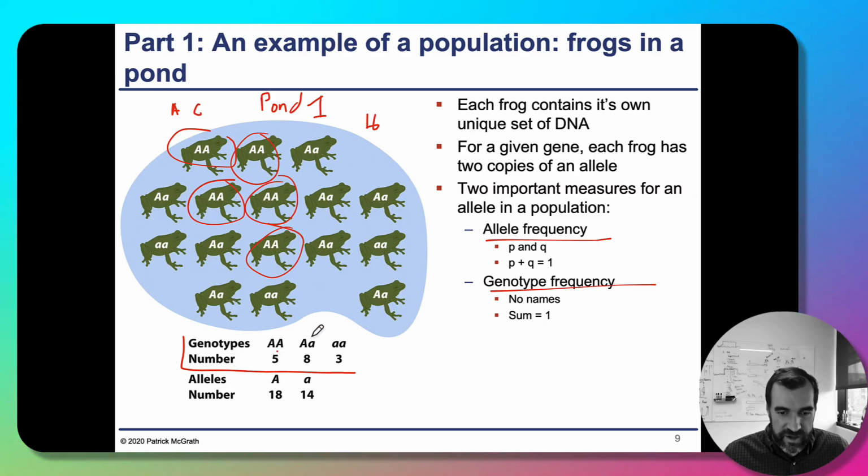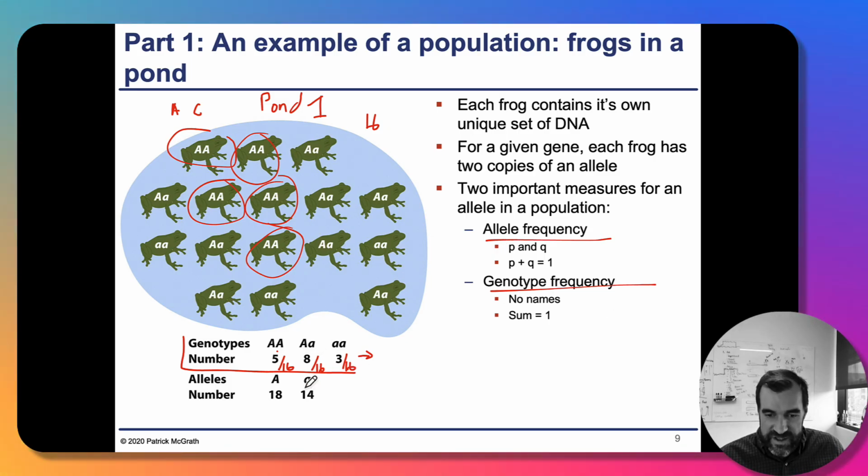Then how many are heterozygote? There's 8. And how many are homozygous recessive? To calculate this as a frequency, we simply divide each of these numbers by the population size. So from here, we end up having a genotype frequency of 5/16, 8/16, and 3/16.